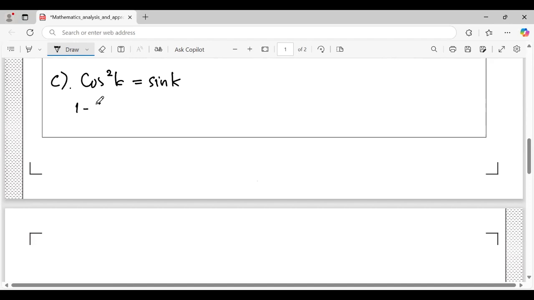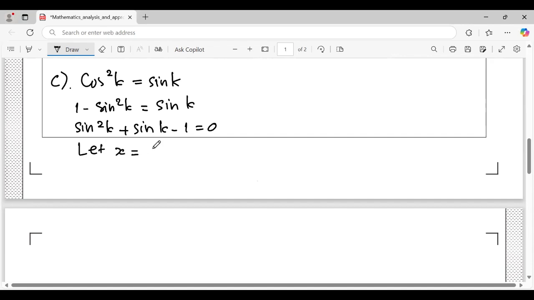So 1 minus sine squared k equals sine k, since cosine squared k equals 1 minus sine squared k. This equation becomes sine squared k plus sine k minus 1 equals 0.